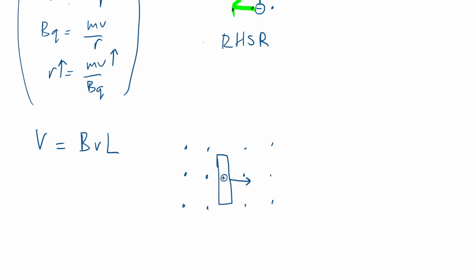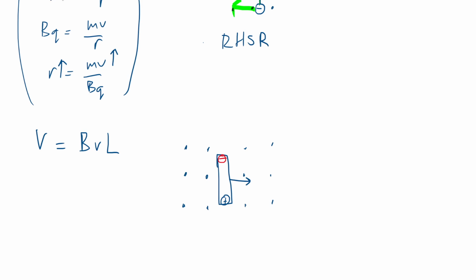Where is your palm pointing? It's pointing down. So this positive charge is pushed down, or in reality, it's actually the negative charges that get pushed up. And so we have this difference of charge. We have positives at the bottom and negatives at the top.